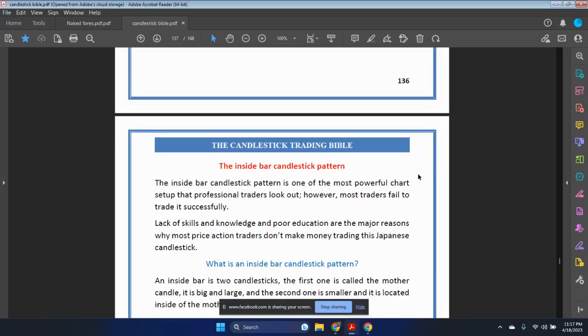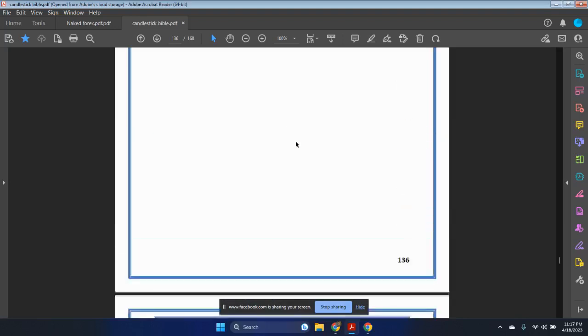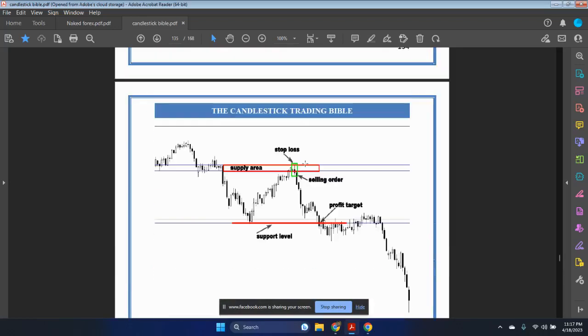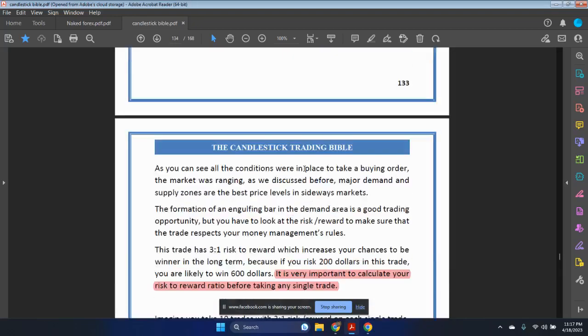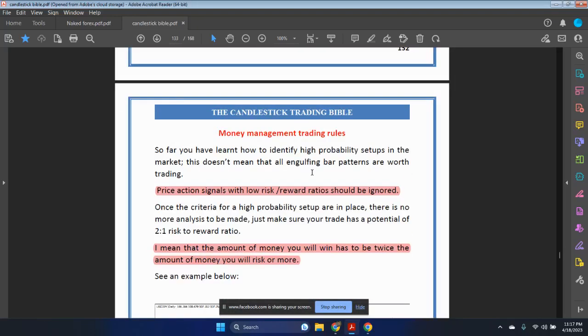All right, so next week it will be the inside bar candlestick pattern. I'm actually going to let you guys rest and catch up on some work. Today is what? The 18th. So I may come back next week, but if I don't come back next week, we will definitely come back in May. These next couple of weeks, we are gearing up for the kids' testing, so we want to make sure they are focused and prepared and ready, and got all the good stuff together.